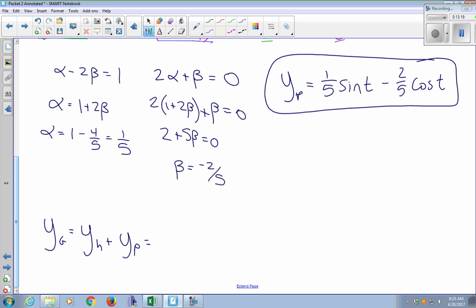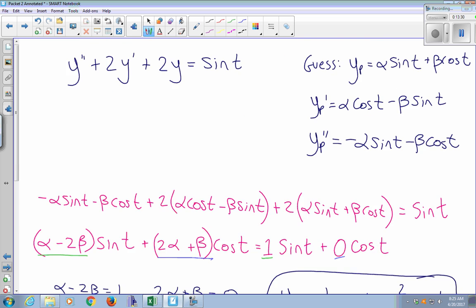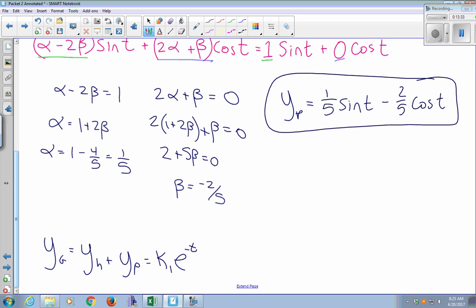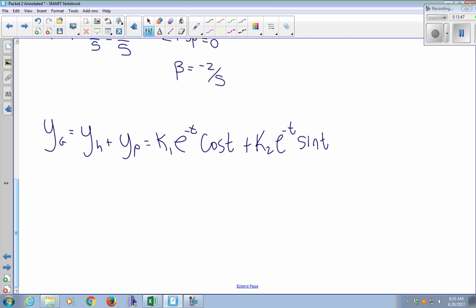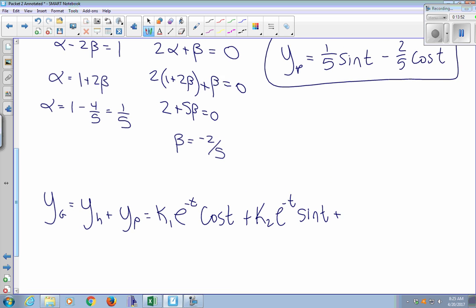And then y homogeneous was K1 e to the negative t cosine t plus K2 e to the negative t sine t. That's my y homogeneous, and then add my y particular. Plus 1/5 sine t minus 2/5 cosine t.